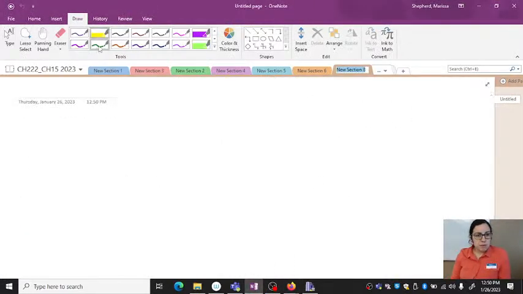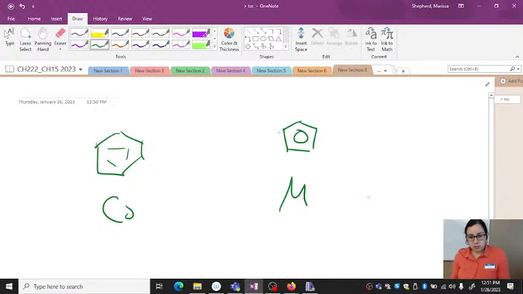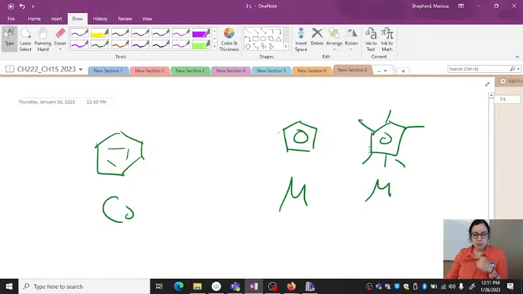Because remember when I was going on about metals attaching to benzene and stuff like that with MO theory? Roughly, vaguely. So that's essentially what I was doing, some sort of metal, and they like to be bonded to either Cp, which is that, or Cp star, which is that compound with methyl groups.